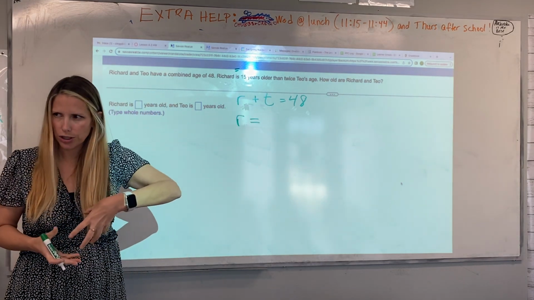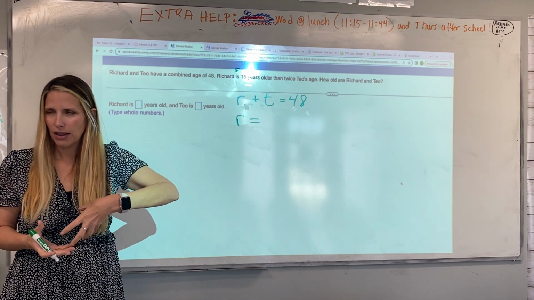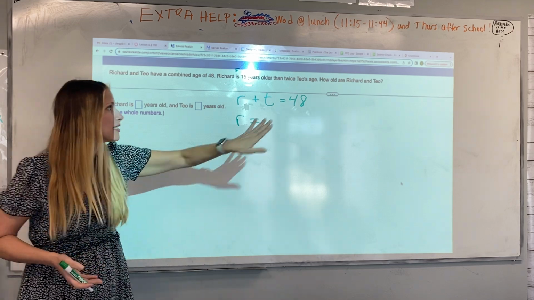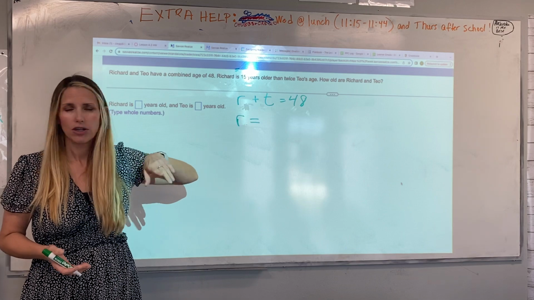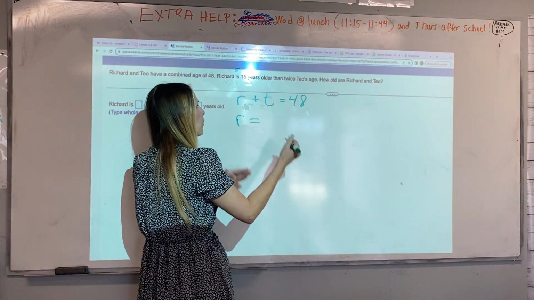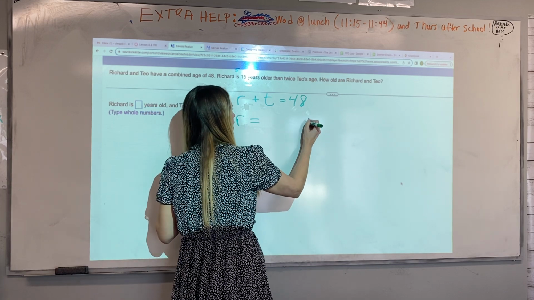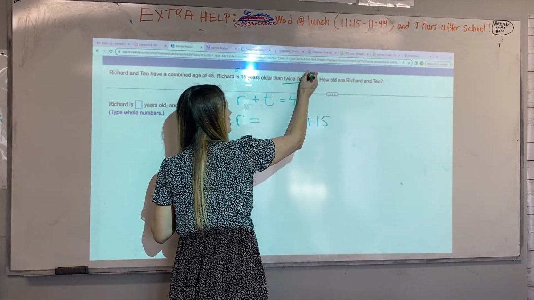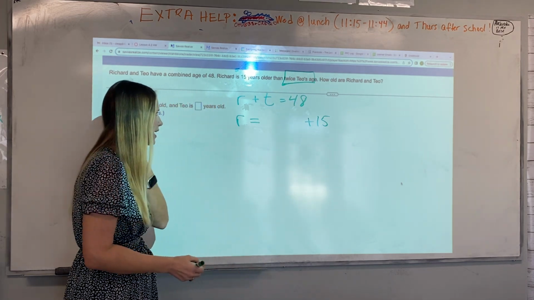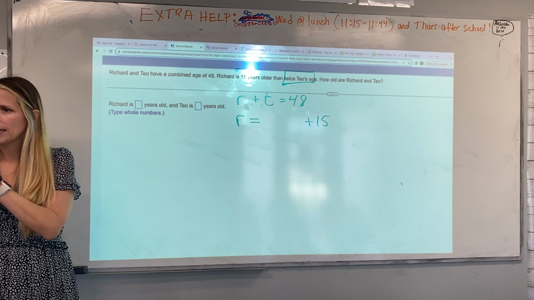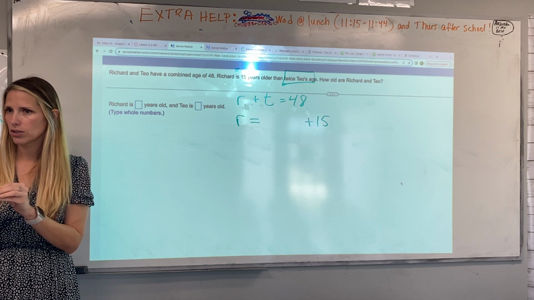What does older mean? Does that mean I'm going to add 15 to this or subtract 15? Richard is 15 years older or more than, so we're going to be adding 15 to twice Teo's age.